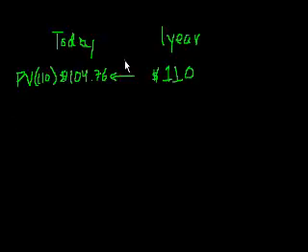And that's because I used a 5% discount rate, and that's a key assumption. But what this tells you is, if your choice was between $110 a year from now and $100 today, you should take the $110 a year from now. Why is that? Because its present value is worth more than 100.